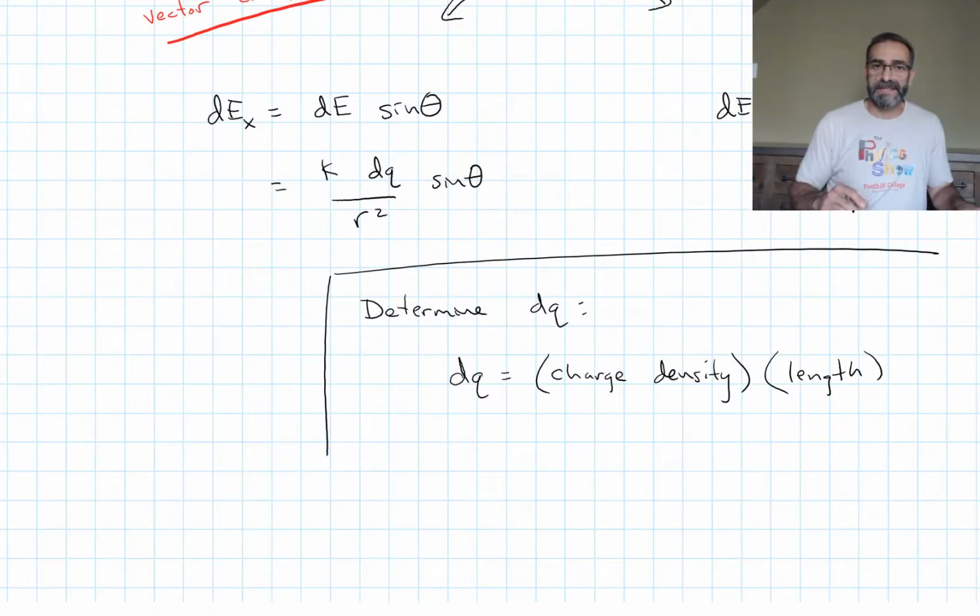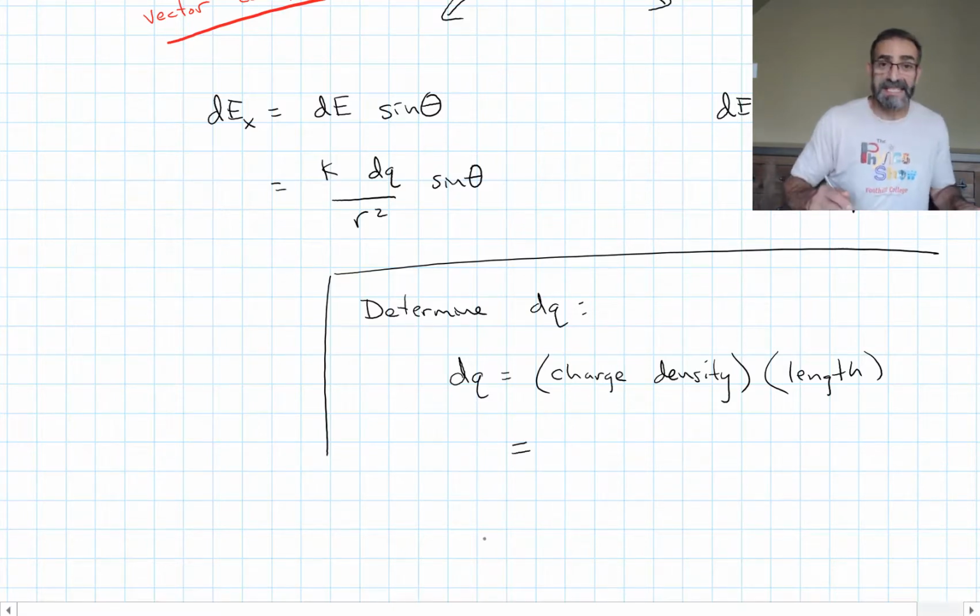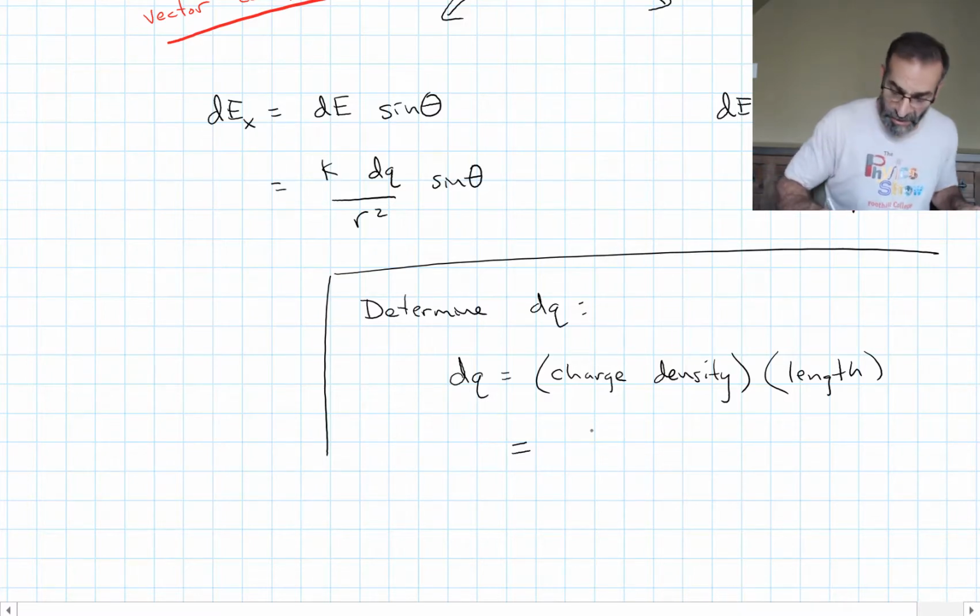Let's write it out as an equation. So our charge, dq, the amount of charge in this little chunk, is equal to the charge density multiplied by the length of that little chunk. In this case, we're calling it dx. For charge density, we use the symbol lambda for a one-dimensional charge distribution.